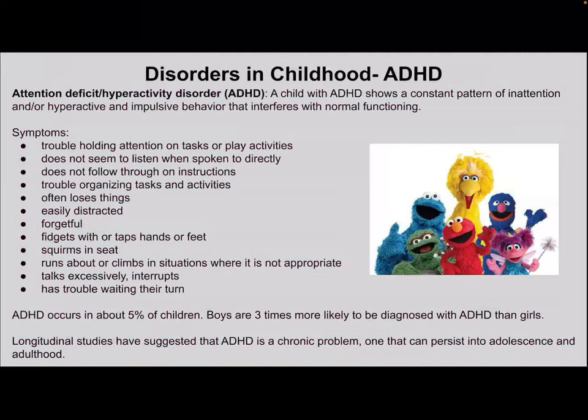ADHD is fairly common, 5% of children, that's 1 in 20, that's at least 1 in every classroom. Boys are 3 times more likely to be diagnosed. I don't like to really say that they're more likely to have ADHD, because there's a lot of evidence that it's just that they're more likely to be diagnosed as opposed to more likely to actually be born with ADHD.